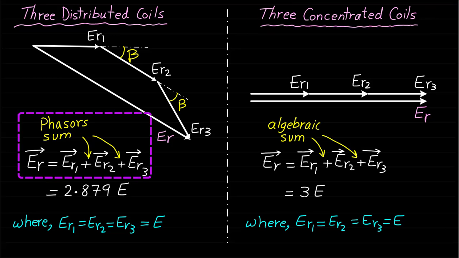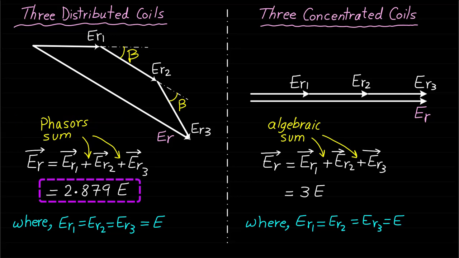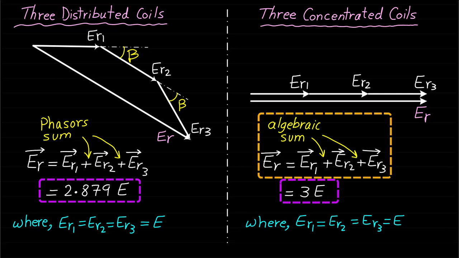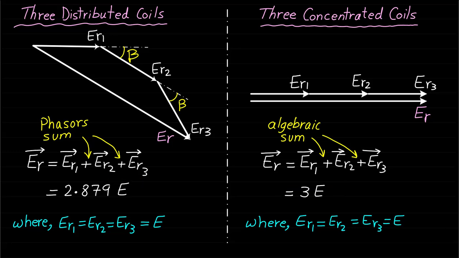It is very clear that the RMS value of the induced back EMF voltage of the three distributed coils in our example is equal to the phasor sum of ER1, ER2, and ER3 and equal to 2.879 E, which is smaller than the RMS value of the back EMF induced voltage ER of the three concentrated coils, which is equal to the algebraic sum of ER1, ER2, and ER3 and equal to 3E, where ER1 equals ER2 equals ER3 equals E.